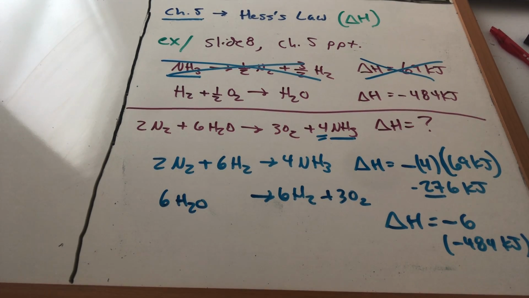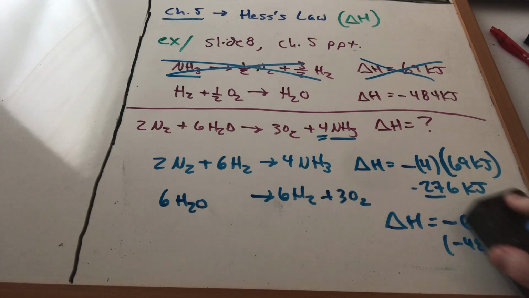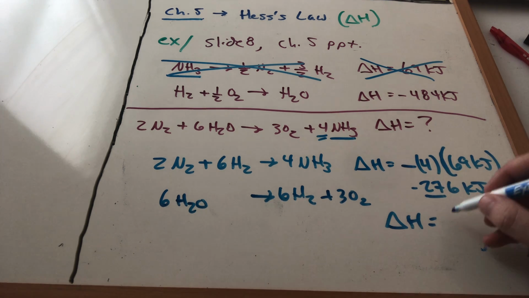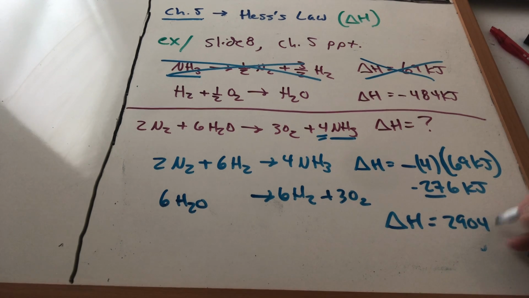So we keep track of what we did, and we make sure we account for it mathematically correctly and soundly, okay? When I take minus 6 times minus 484, the number that I get out for this now manipulated reaction is 2904 kilojoules with 3 significant figures. And it's positive because the negative and the negative have canceled each other.